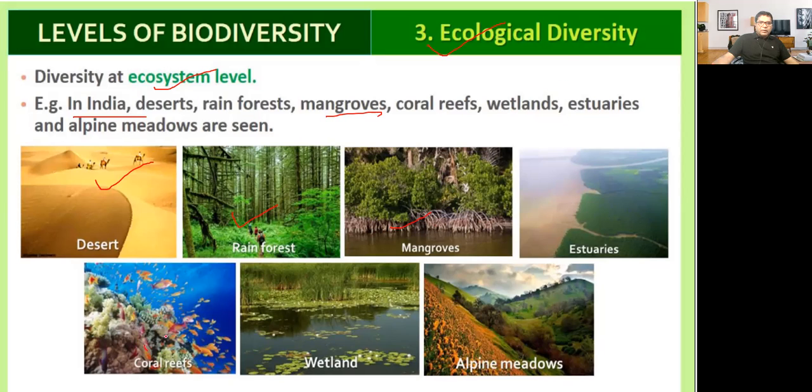These are coral reefs, this is a wetland, and these are alpine meadows. We call this ecological diversity.